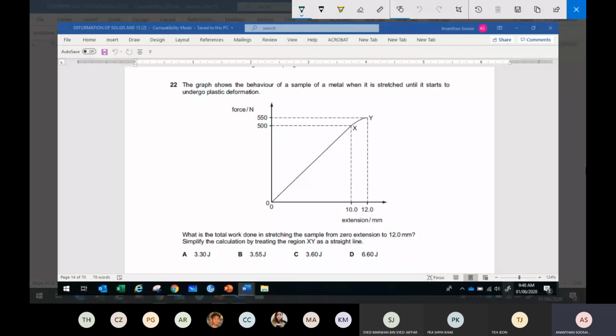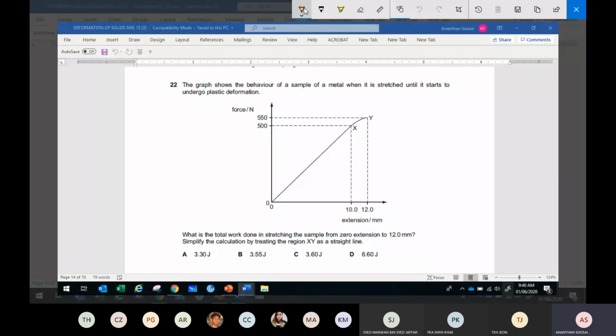Your friend says B, 3.55 joules. Another one said D, 6.6 joules. 3.55 or 6.6 joules.